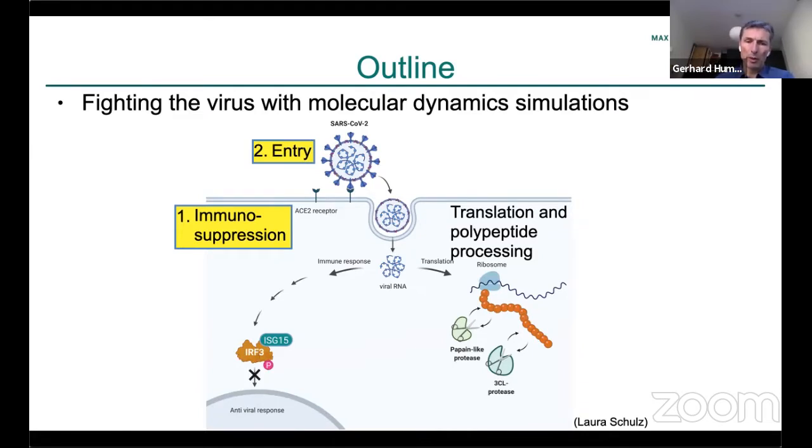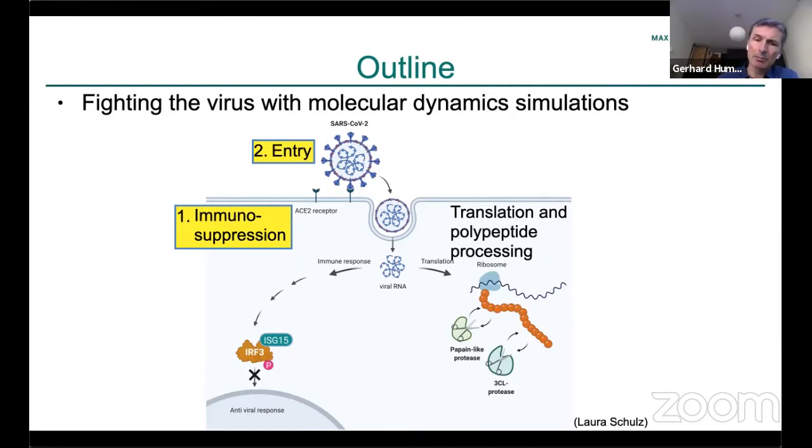The first one in this presentation is an element that is very common to viral infections, and that is immunosuppression. As it turns out, that is associated with a protein, a protease specifically, that is part of the translation and polypeptide processing machinery of the virus.